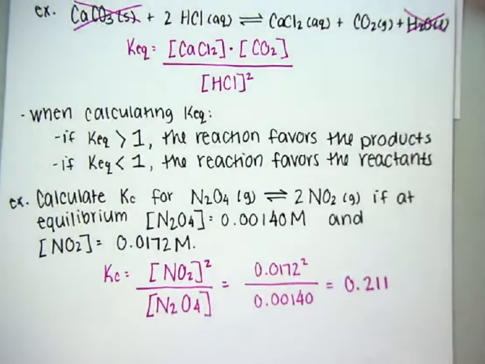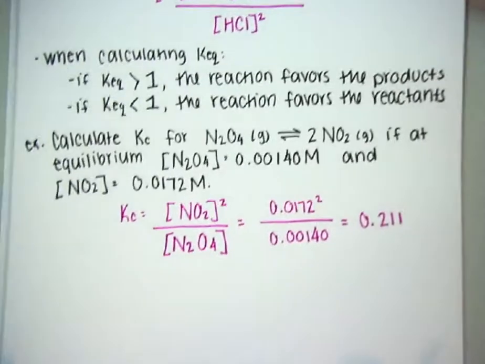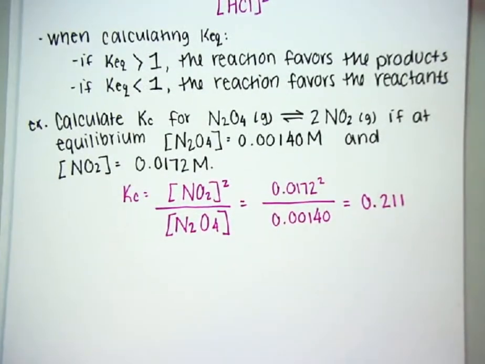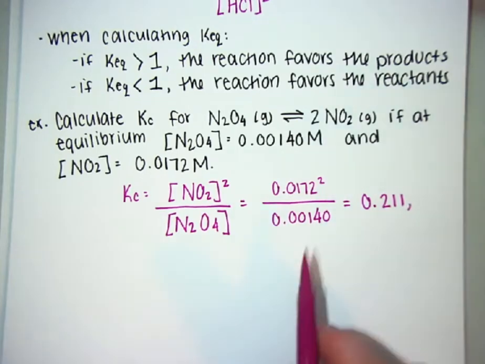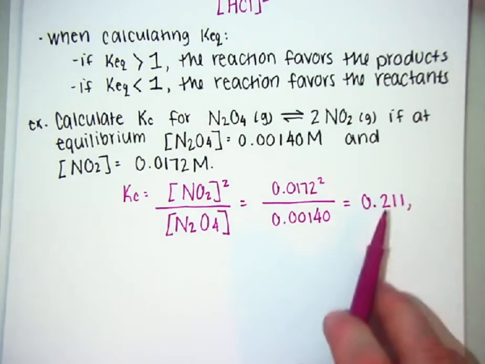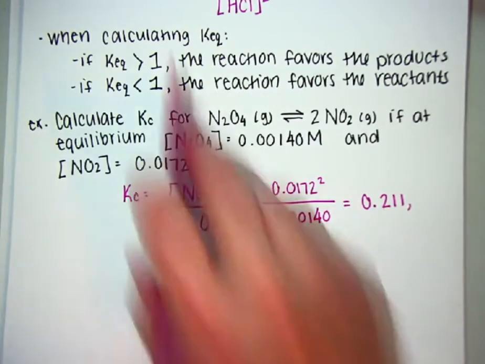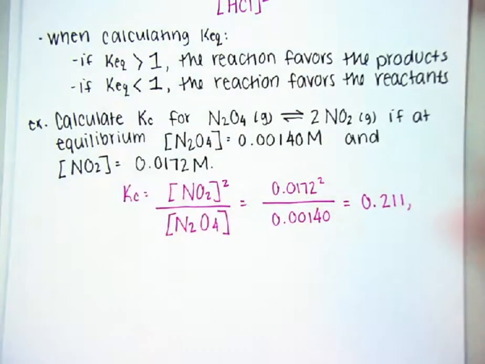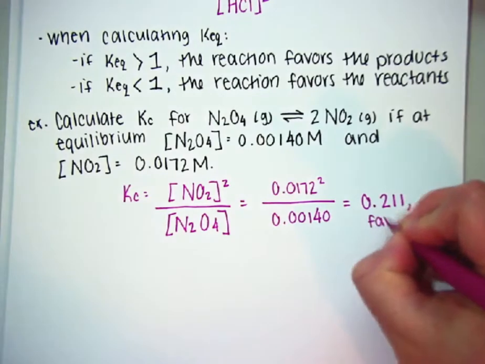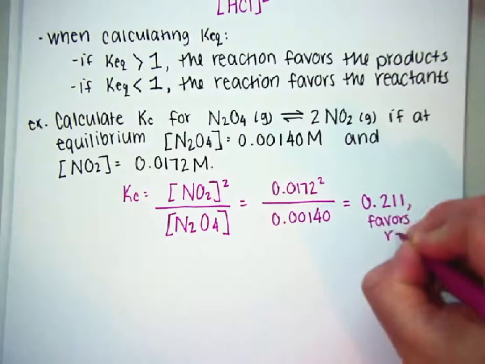No units, but you should be able to look at this answer and tell me, at equilibrium, does this reaction favor the reactants or products? In this case, KEQ is less than 1. So it favors the reactants.